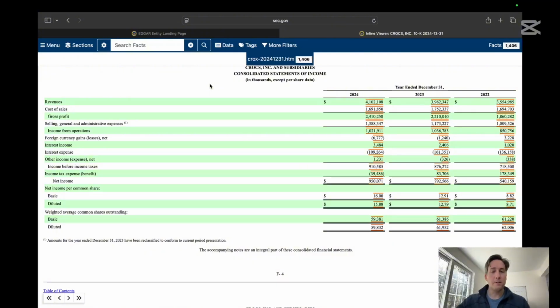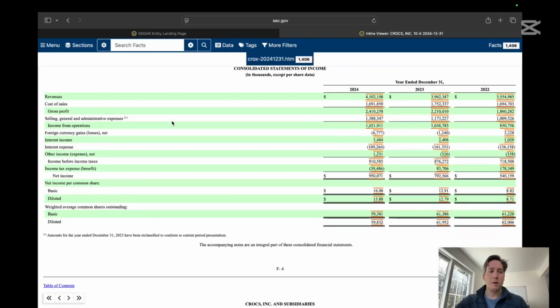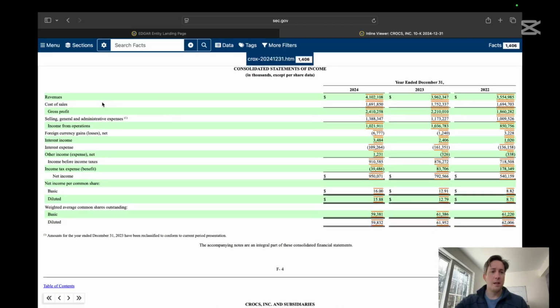So I'm going to run through each of these line items fairly quickly here because there's not a whole lot to this. This usually comes pretty quickly to most small business owners because this is the bread and butter of their business. So top line revenue. That's how much money that your customers either owe you or have paid you.